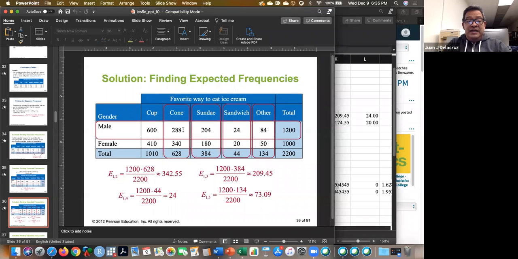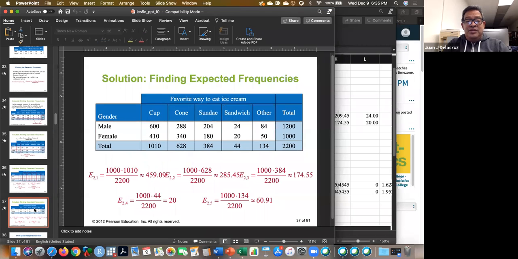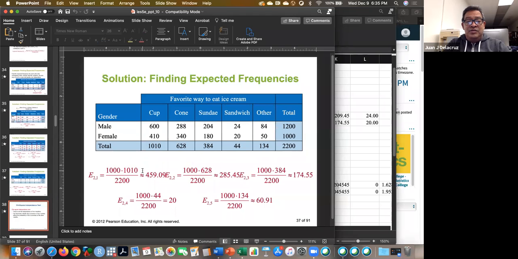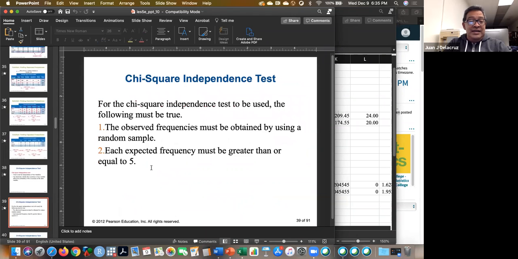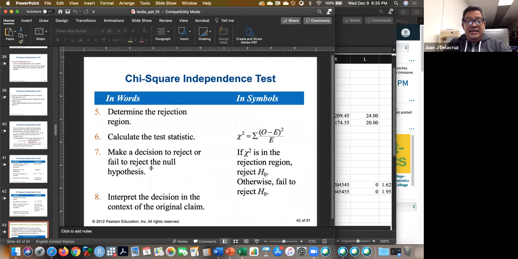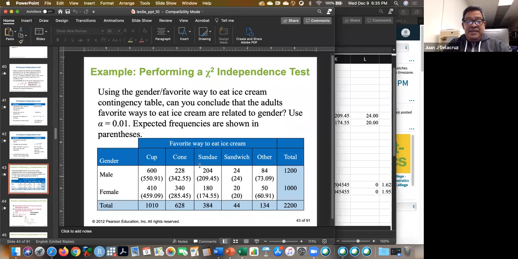Second, we have the total of rows times the total of the column divided by the sample size. So those are the values that I found. I don't like very much the way these guys present the results because they put everything together in the same table.